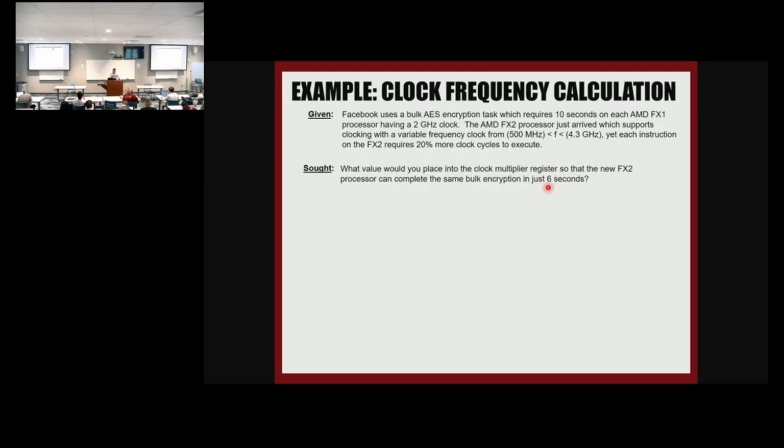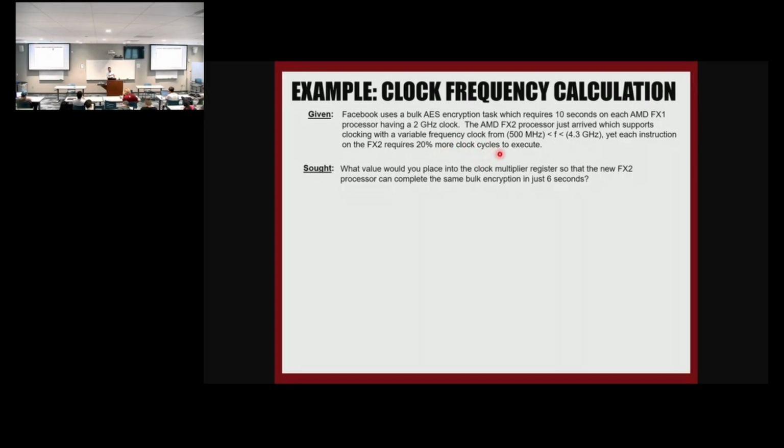Yeah, it's a little bit complicated, but if you get the idea, we want to execute the same task in 6 seconds. Right now, it takes 10 seconds to do the same thing. But the problem here is that we have two things that are changing from one processor to the next one. Going from FX1 to FX2, you have 20% more instructions, more clock cycles.